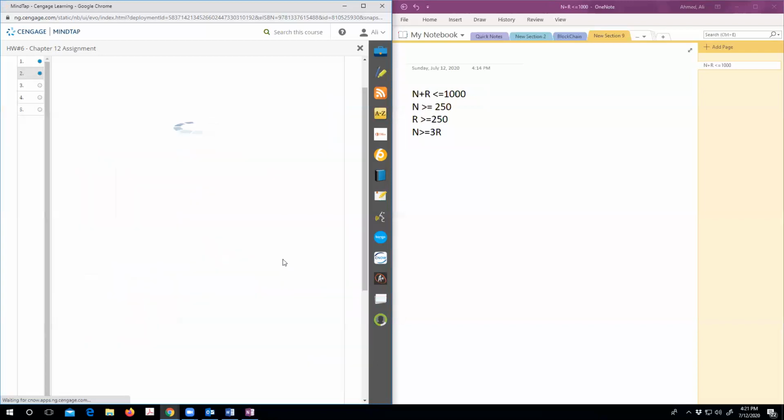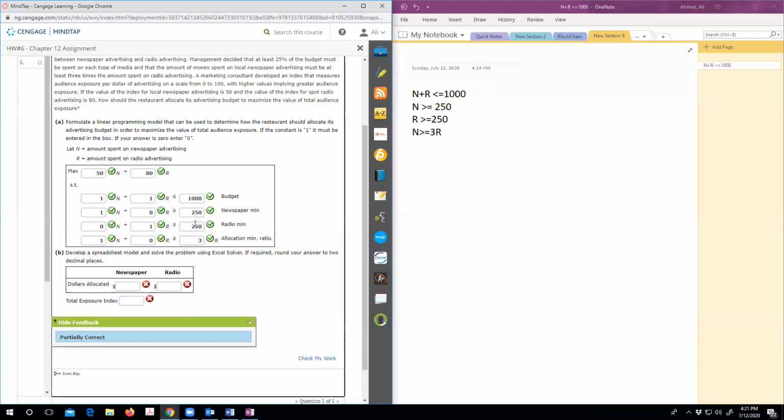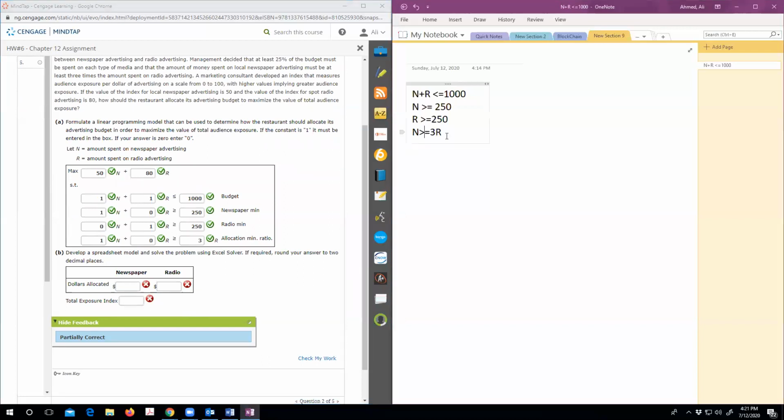Let me check. Do you have the same values, or maybe they change a little bit? Yeah, I do, I think. All right, so this is the answer technically. Have you got this point? This is just another constraint.